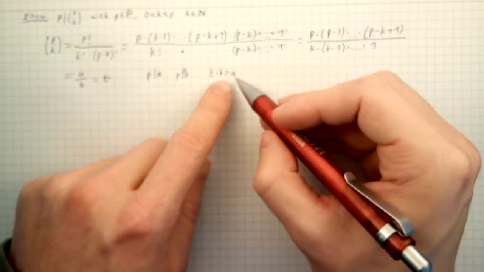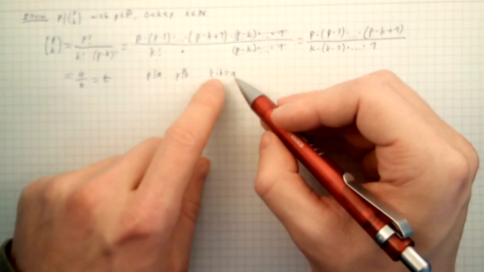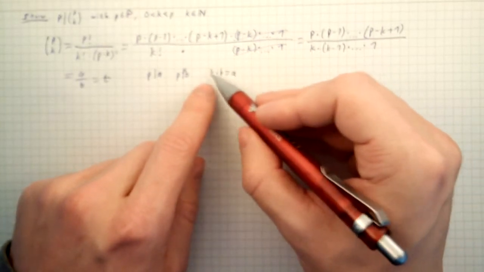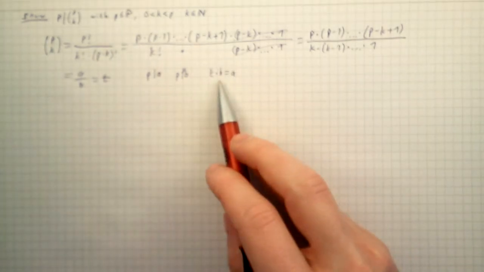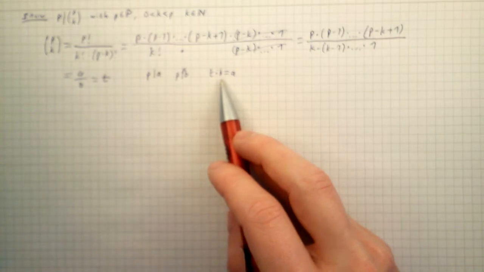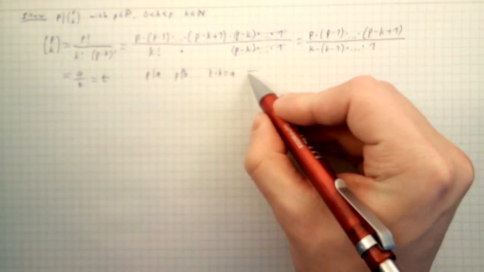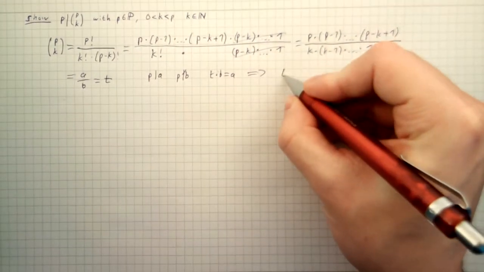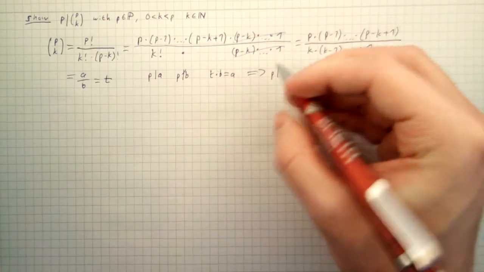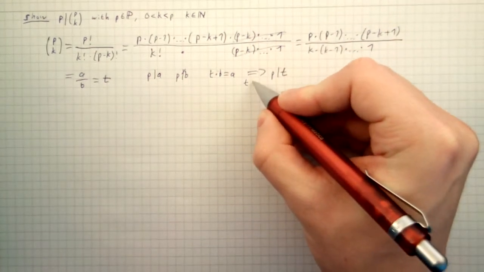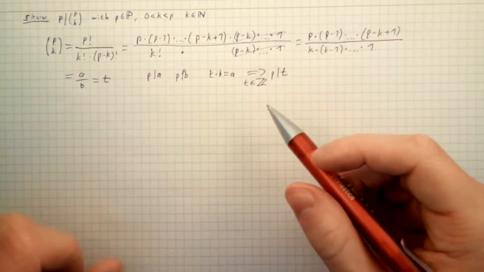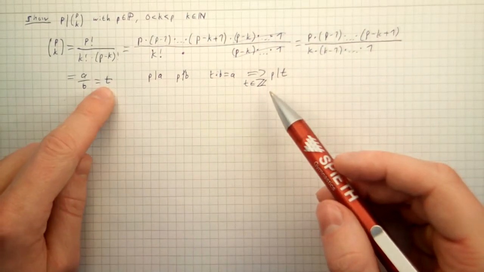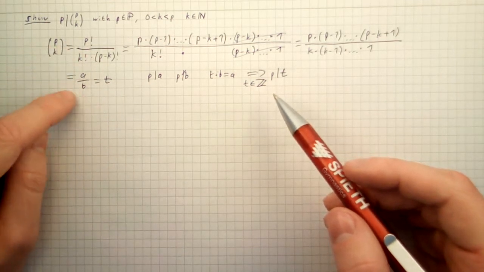And we know that a is divisible by p, and therefore the whole product has to be divisible by p. But b is not divisible by p, therefore t has to be divisible by p. T is divisible by p, but only if t is an integer. But how do we know that t is an integer? Because it's defined as a fraction.